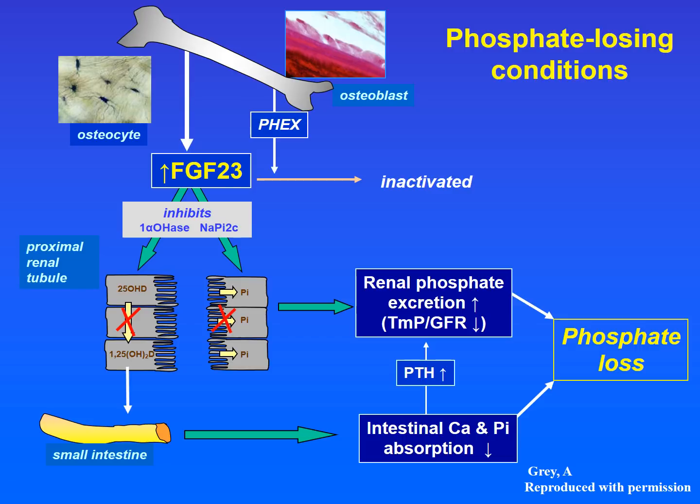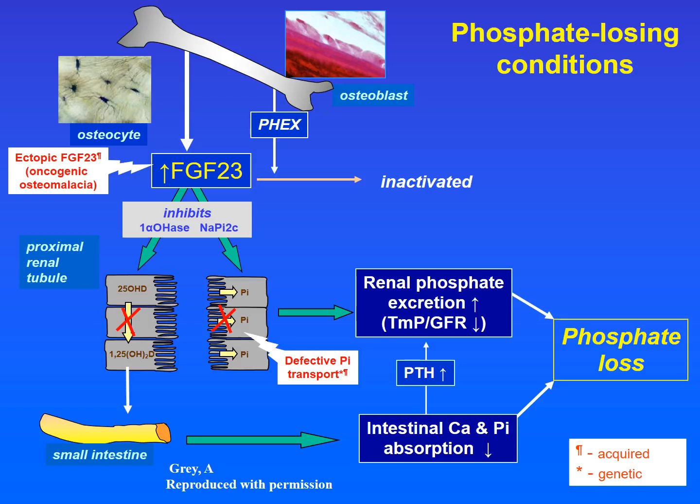So how might high levels of FGF23 be achieved and thereby cause hypophosphatemia?